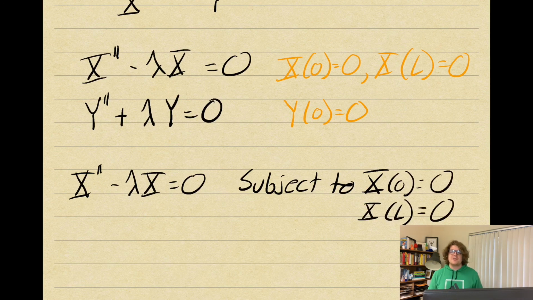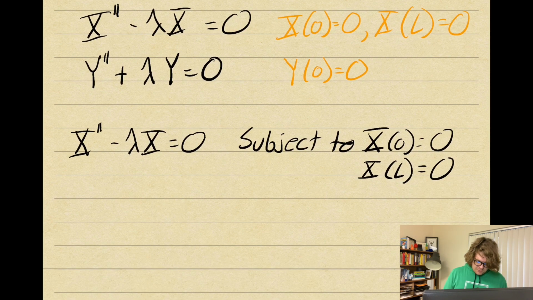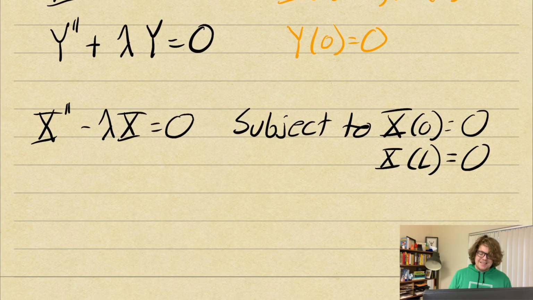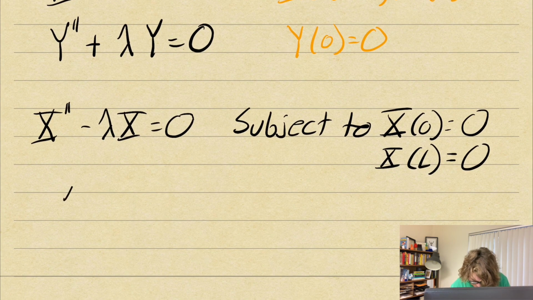Fortunately for us, this is a differential equation that we've solved about a dozen times already. If we wrote down the characteristic equation, solved it, then went through the three cases of lambda, positive, 0, and negative, we would find that positive values of lambda and lambda equals 0 yield trivial solutions, which we don't want. So the only solution is when lambda is negative, and in particular, our values of lambda are going to be negative n squared pi squared over L squared.